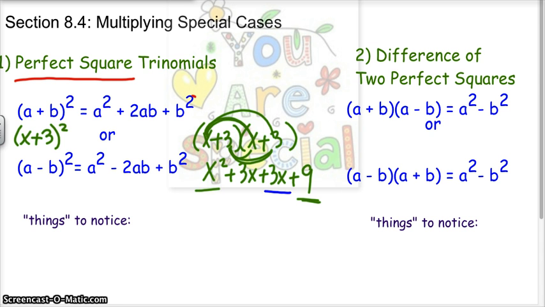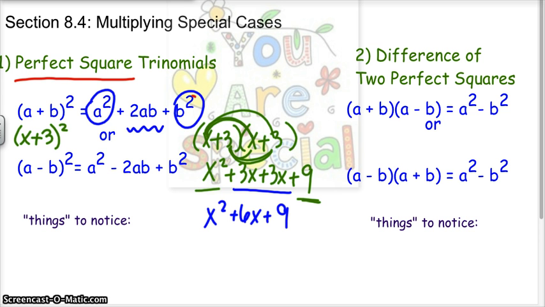The two center terms are identical, and what happens is that they combine. So the pattern is that the first term is squared, the last term is squared, and the center term is combined from those two like terms that are created when you multiply.